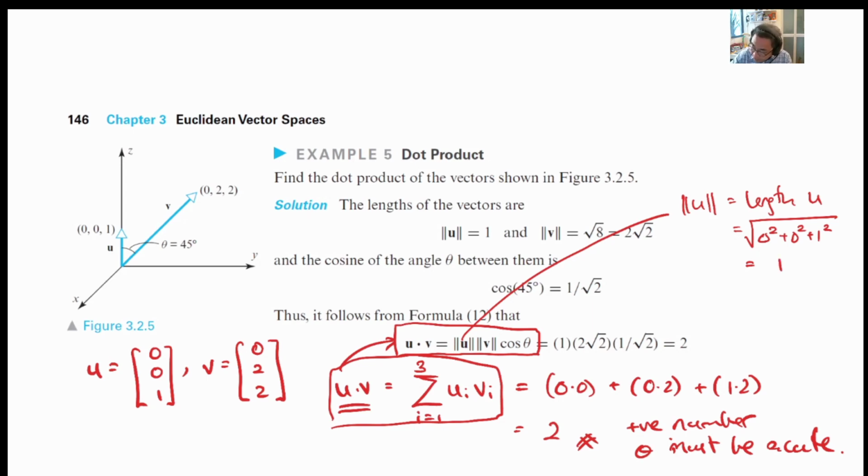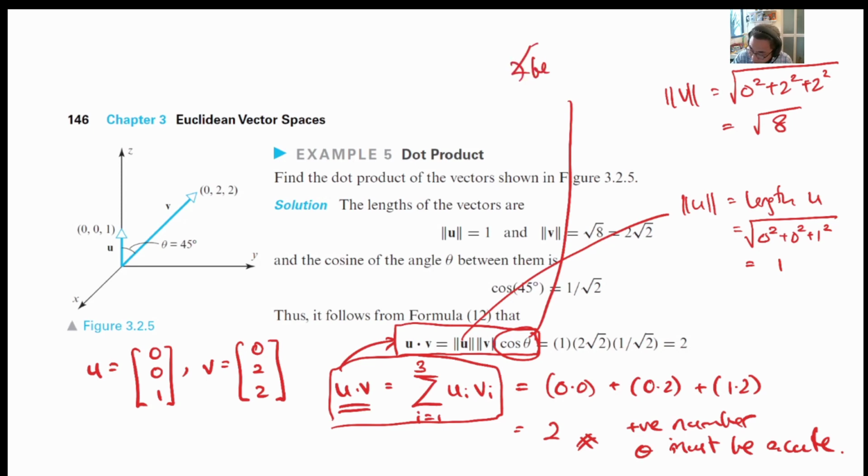What about the length of v? It is the square root of 0 squared plus 2 squared plus 2 squared, and we get the answer square root of 8. And lastly, we need cosine theta. Theta, as we remember, is the angle between u and v.